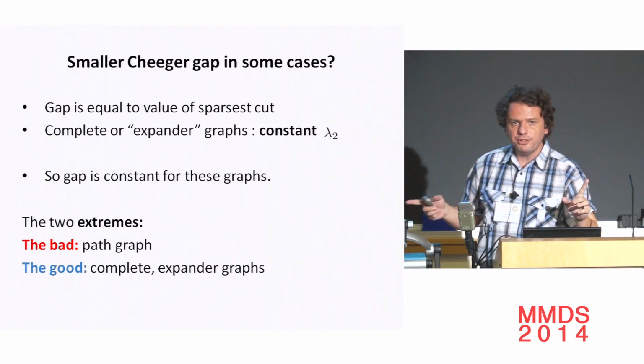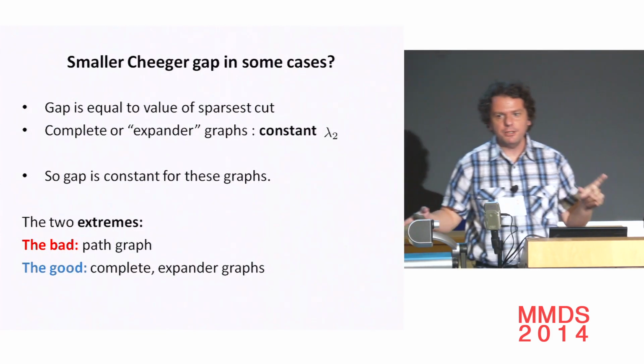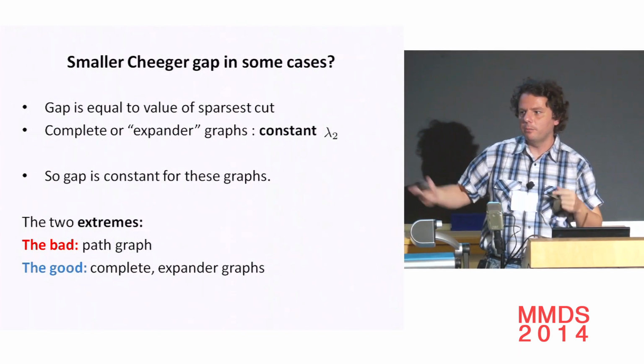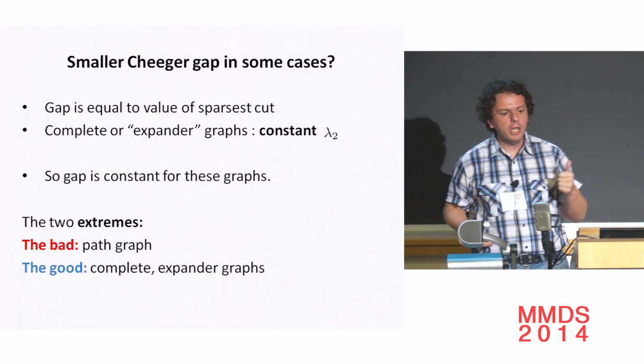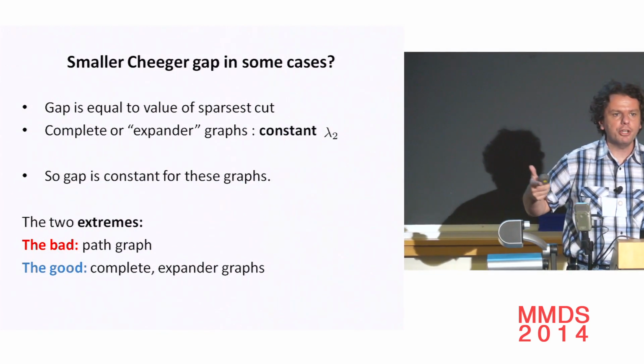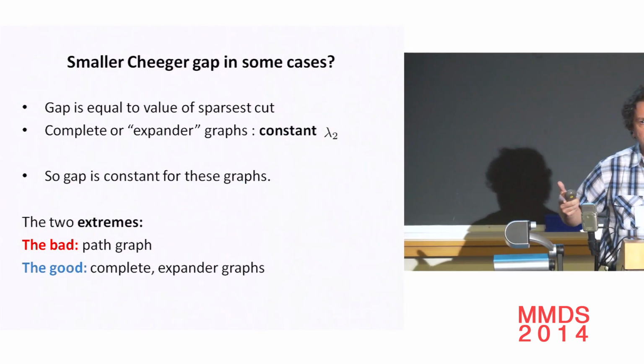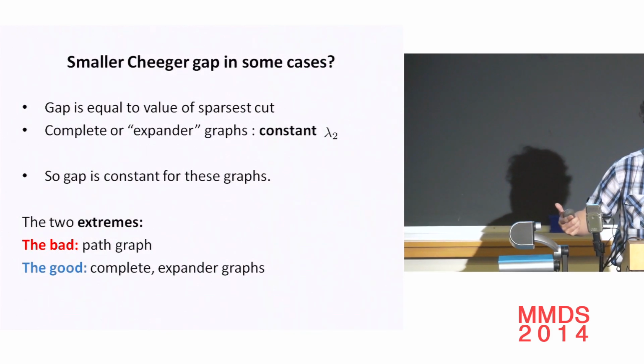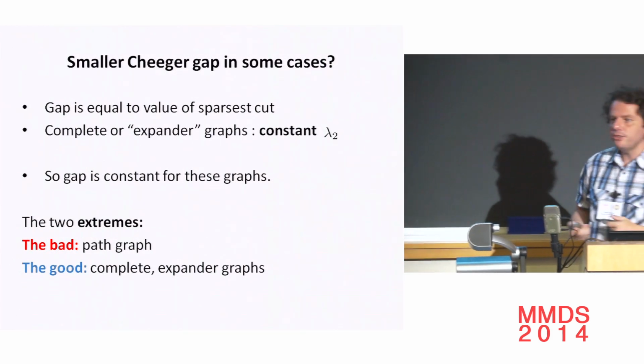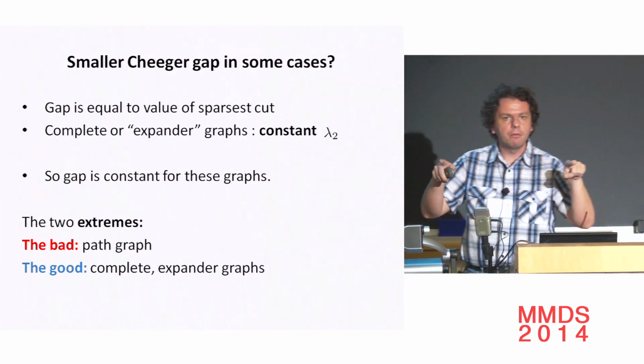So there are two extremes, trying to analyze a very good case and a very bad case. The good case is the complete or expander graphs, where the information we get from the Cheeger inequality is good. And there is the bad case, which is the path graph.